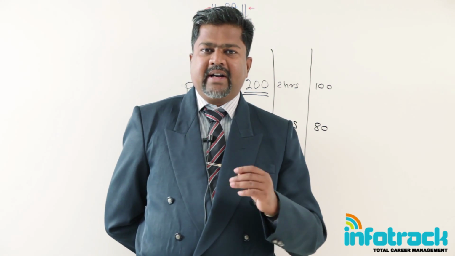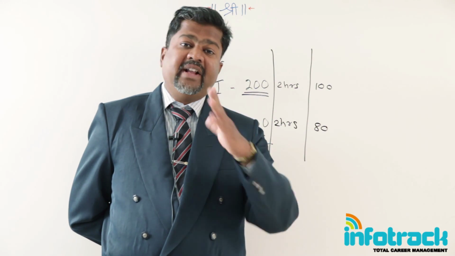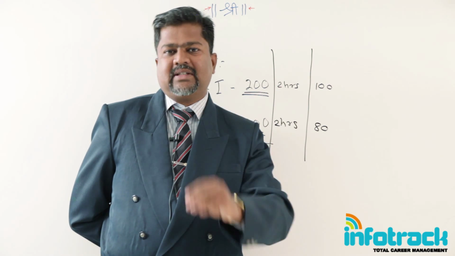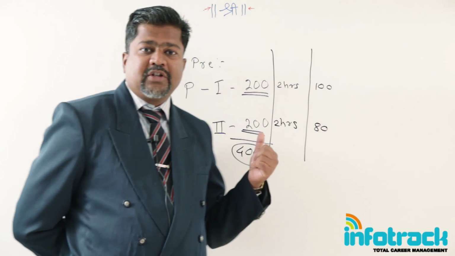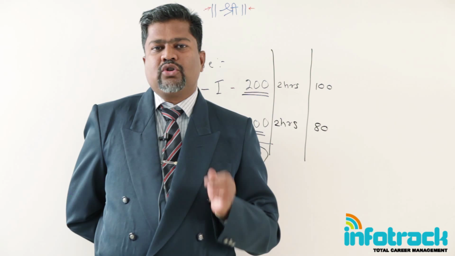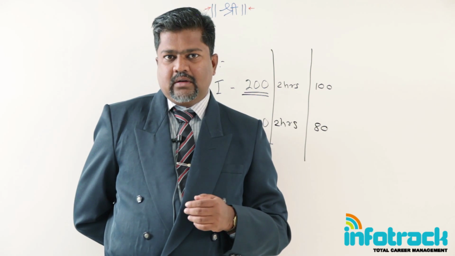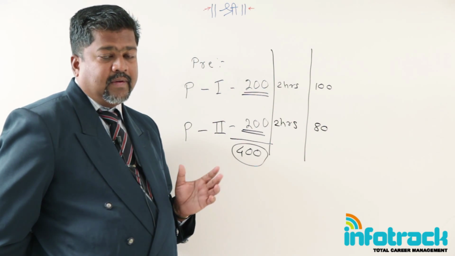Suppose you select 50 right answers, so your score becomes 100. But suppose you have 6 wrong answers, then as 1 question carries 2 marks, 4 marks are deducted, so your score becomes 100 minus 4, that is 96. This way there is a penalty for wrong answers.